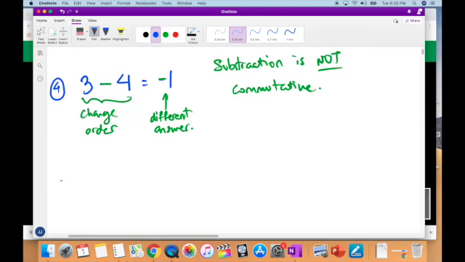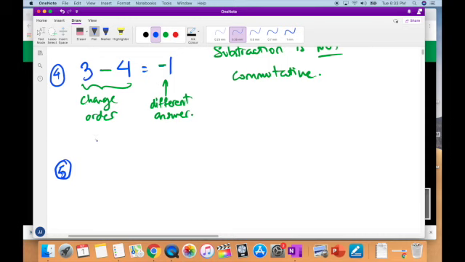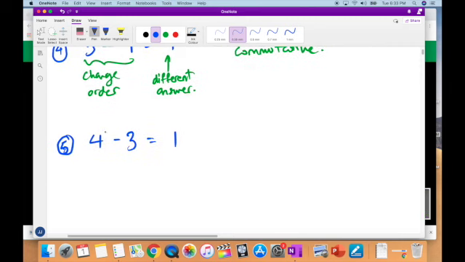So, if I go back to the original example of 4 minus 3, 4 minus 3 is equal to 1, and this 3, you're owing this 3, and this 3 is a very negative person.